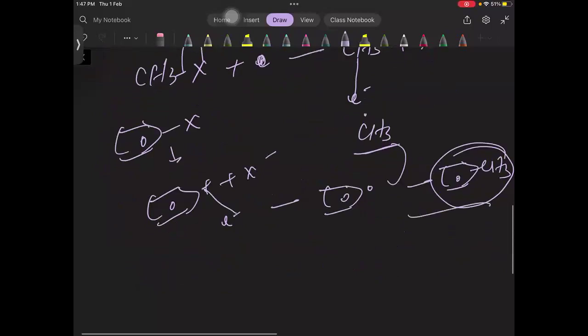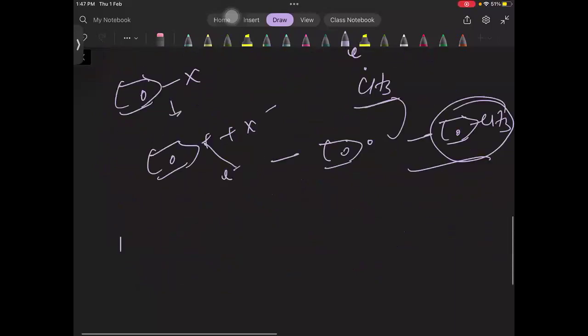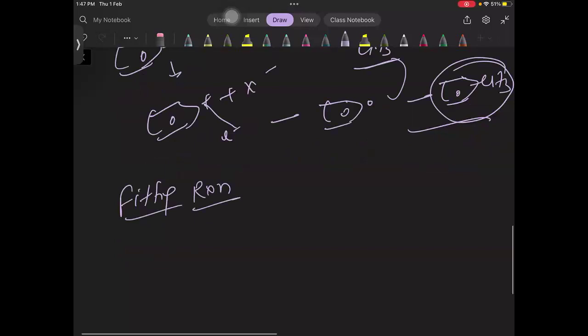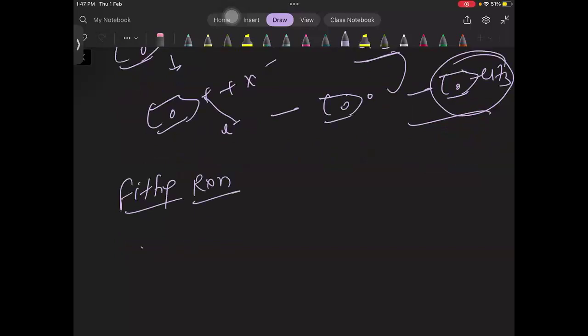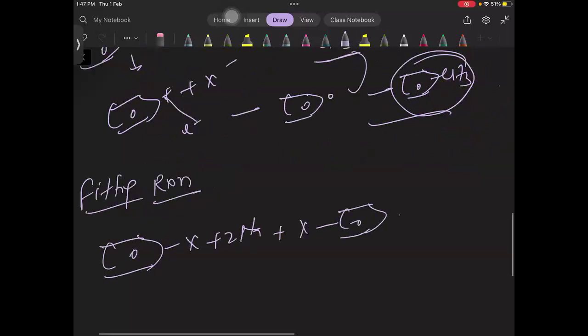Now the same procedure happens for the Fittig reaction also. See, students, there is C6H5X, 2Na, and another C6H5X, and we take dry ether.